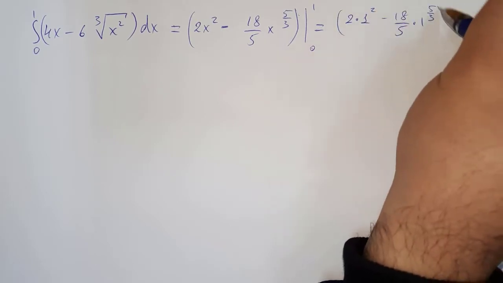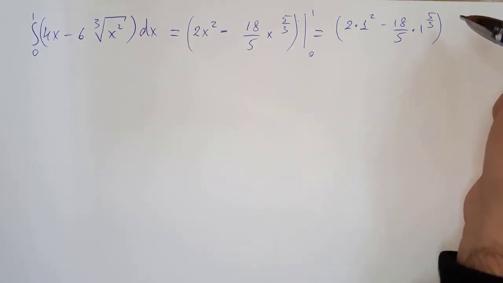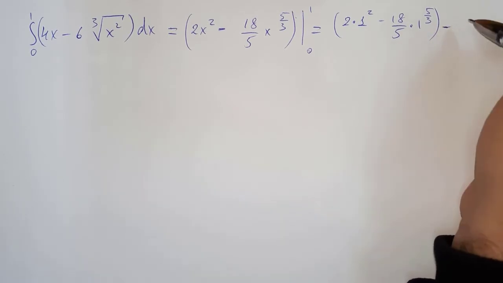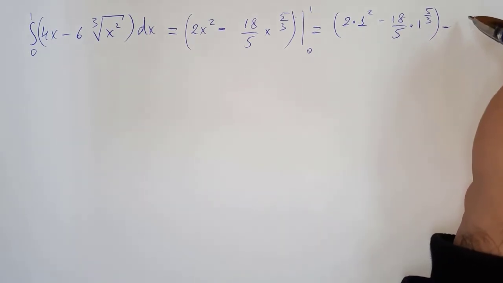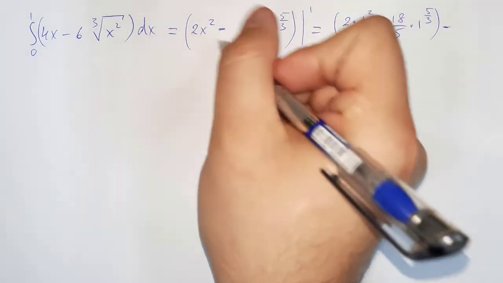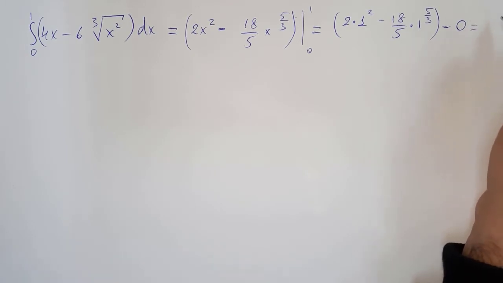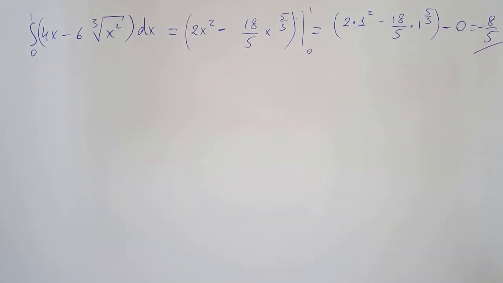This is the first one. And then subtract the next one, which is 0. When we put 0, here we have 0, here we also have 0, so it is just 0. So the answer is 2 minus 18 over 5, or just minus 8 over 5. This is the answer.